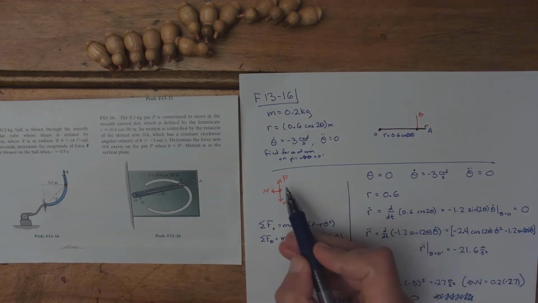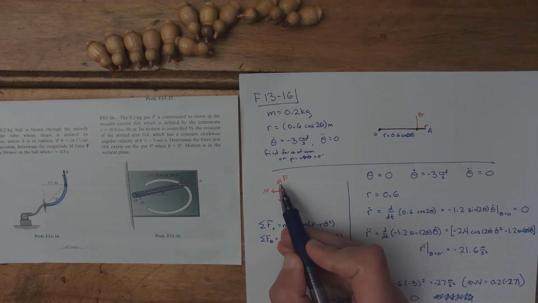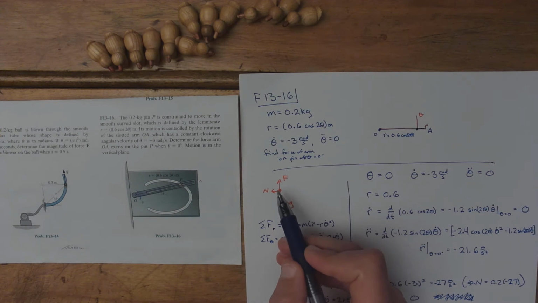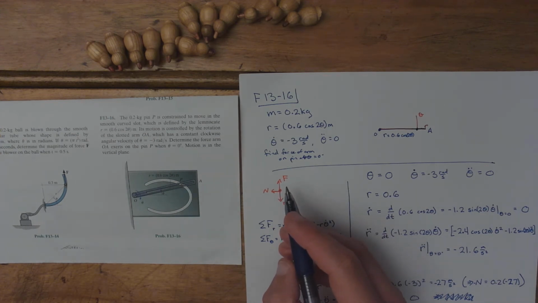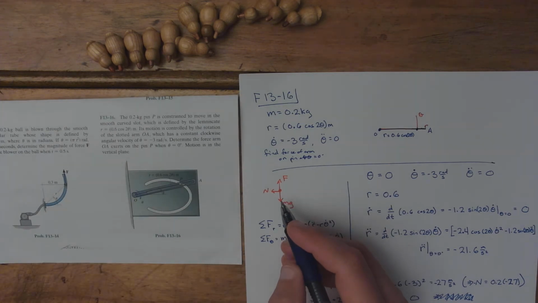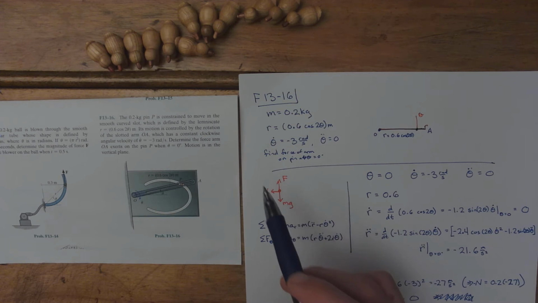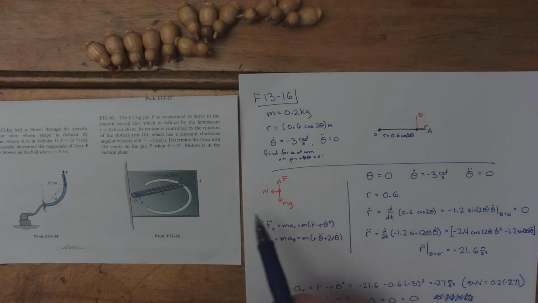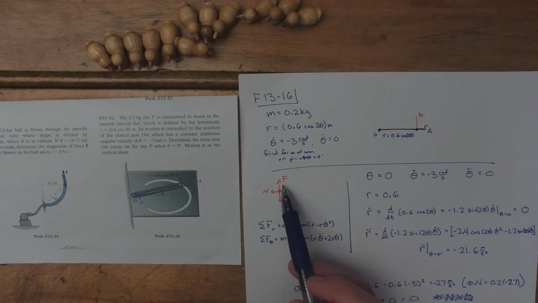For both of these forces, the one that the arm exerts on the pin and the one that the smooth curved slot exerts on the pin, we could have a component which was parallel to the surface also, and that would be a frictional force, but it says here a smooth curved slot, so there'd be no friction because it's smooth. And for the force that the pin exerts on the arm, that is just going to have an upwards component.